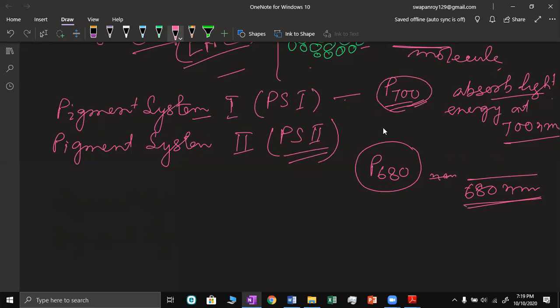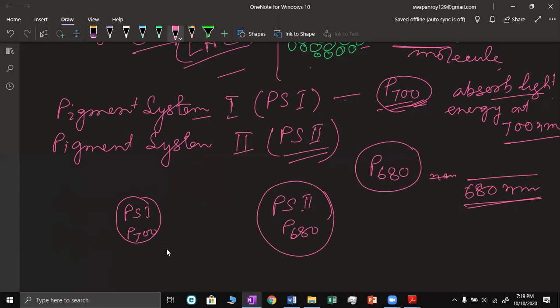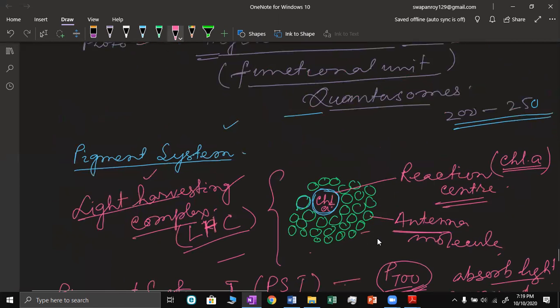So there are two pigment systems: pigment system 1 and pigment system 2. You can draw PS1 as P700 and PS2 as P680, the reaction center and its antenna molecules. What is the function of the antenna molecules?